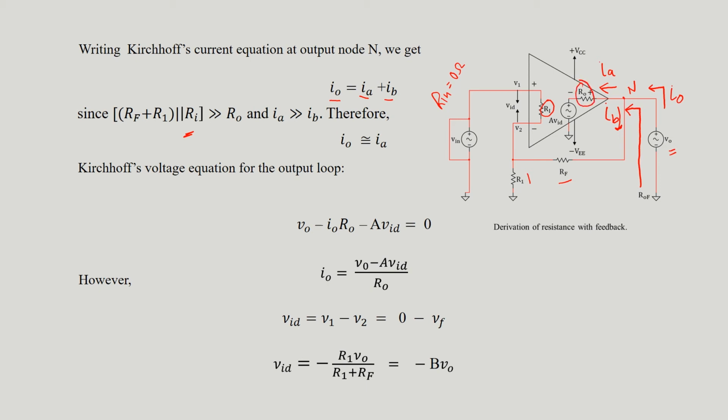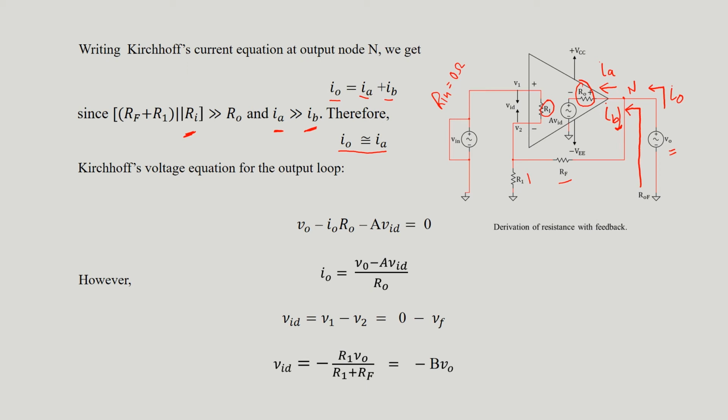So that is the reason the current IA is much greater than IB, because Ri is much greater. Therefore, this makes I naught nearly equal to IA. That is, we can neglect IB.